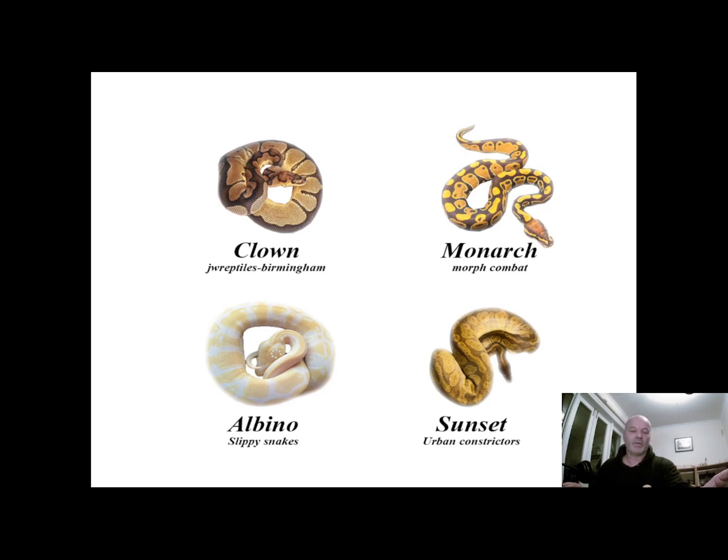In the hobby we hear the term hets. This usually refers to recessive genes such as clown, monarch, albino and sunset. So the term het is usually referring to recessive mutations, like we've already seen: clown, monarch, albino, sunset, pied and a bunch of others.